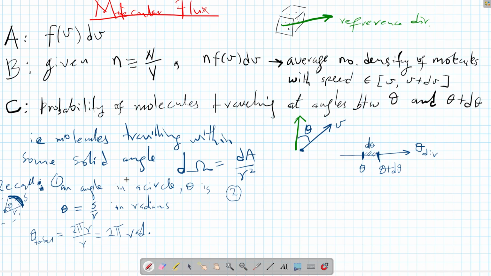So a sphere is 3D, and the solid angle will be sustained by a surface, right? And the definition is that the solid angle omega is defined as the area divided by r squared. The unit is radians, right?